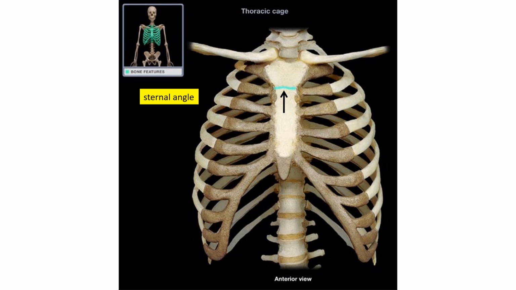Why is it important? Because the second rib comes and attaches halfway, one half to the manubrium sterni and one half to the body of the sternum, and this line indicates the position of the second rib.